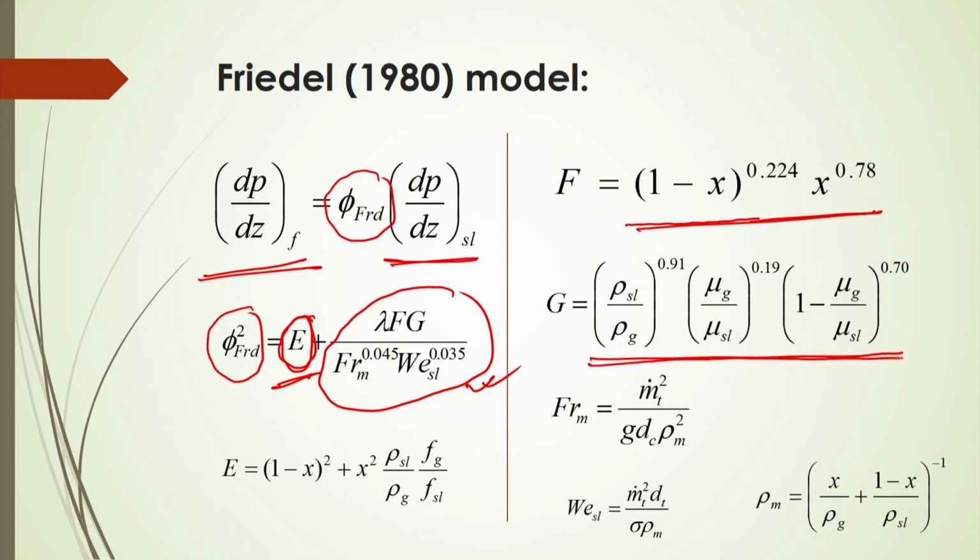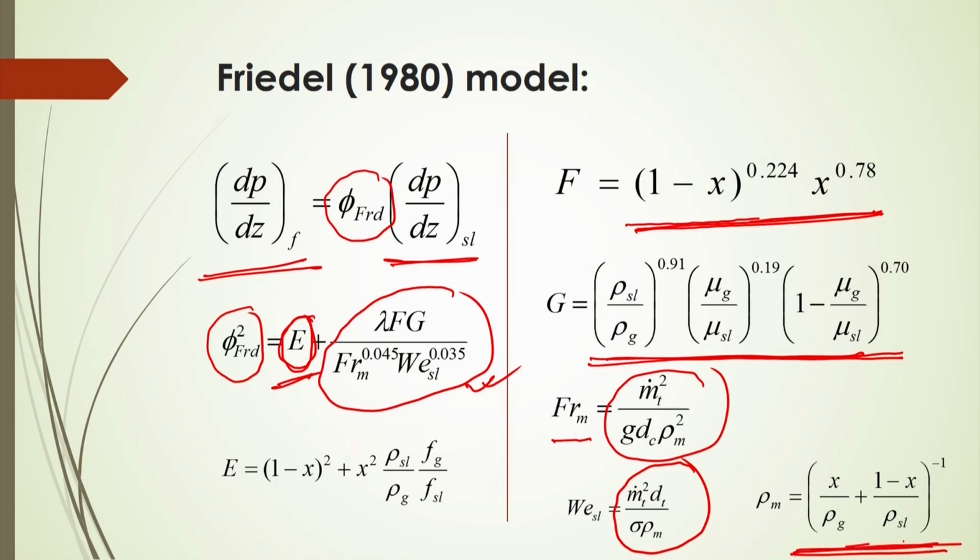So, G can be calculated from this correlation, F will be calculated from this correlation, and Fr m, that is Froude number of the mixture, will be defined as this. Weber number is defined as m dot T square into dt by sigma rho m, and rho m will be defined as x by rho g plus 1 minus x by rho SL to the power minus 1. So, this will be the mixture density of gas and slurry.